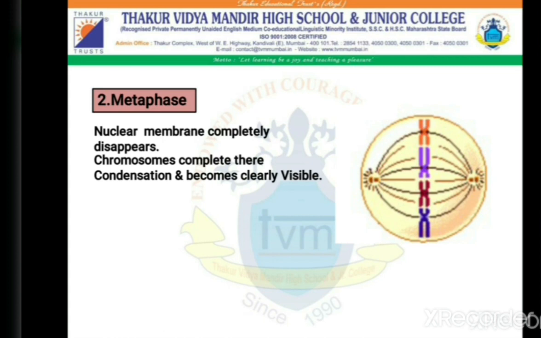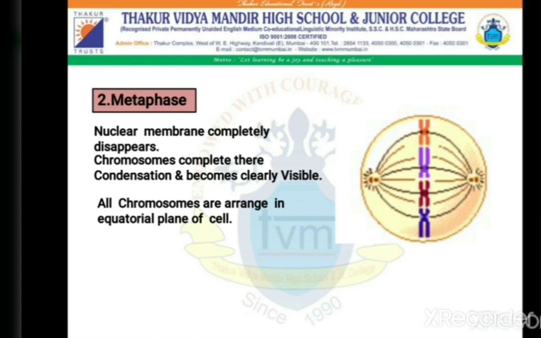You can see it in the diagram. The chromosomes are present at the center in four different colors, and at both poles the centrioles are there. All the chromosomes are arranged in the equatorial plane of the cell, as seen in the diagram.